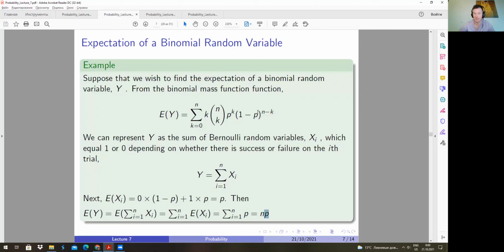Look, instead of finding this difficult sum, we transform the whole problem into the expectation of a sum of Bernoulli variables, which makes our life very simple. And now we know that the expectation of a binomial random variable is np. That's simple.